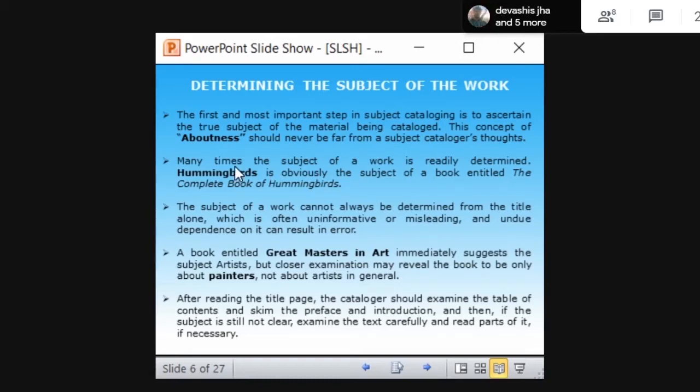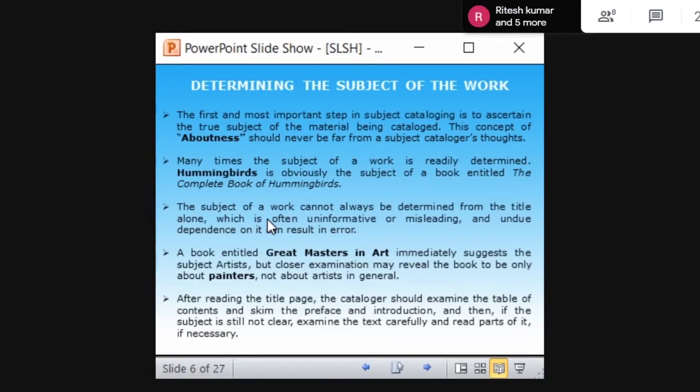Many times the subject of the work is readily determined, meaning you can easily understand it from the title itself. Hummingbirds is obviously the subject of the book entitled The Complete Book of Hummingbirds. You can easily say from this title that the book is talking about hummingbirds.